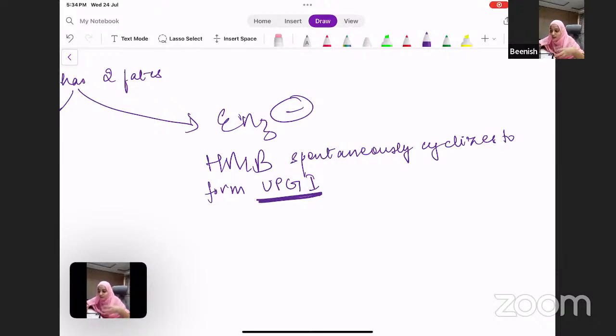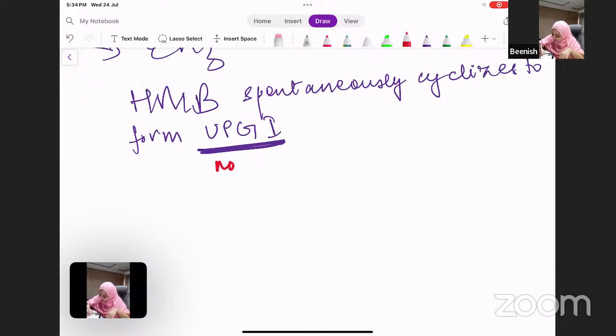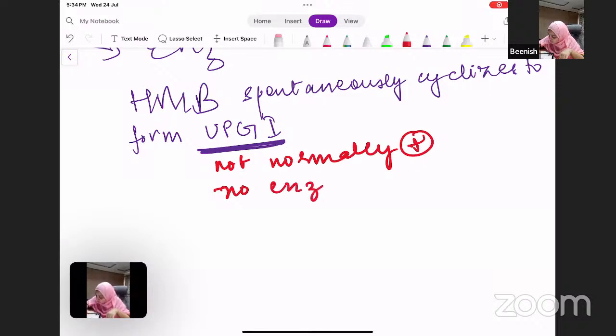There are no enzymes in the body to act on this type 1 form, so further metabolism of this UPG1 is not going to take place.